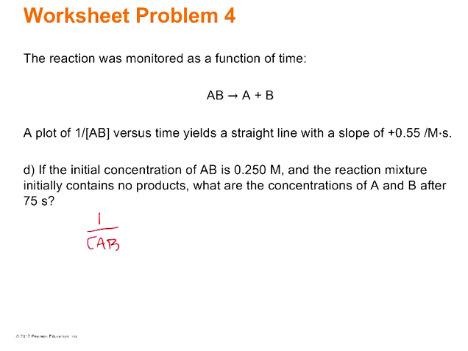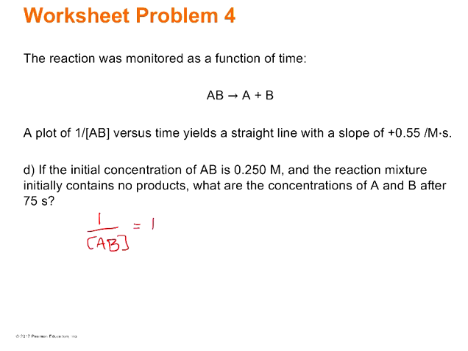Now, the reason I'm using the integrated rate law is because we're trying to determine how much of the reactant is left after a certain amount of time. So we're given the initial concentration, and we know how long the reaction is running.